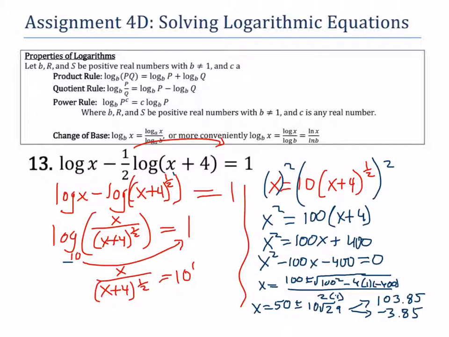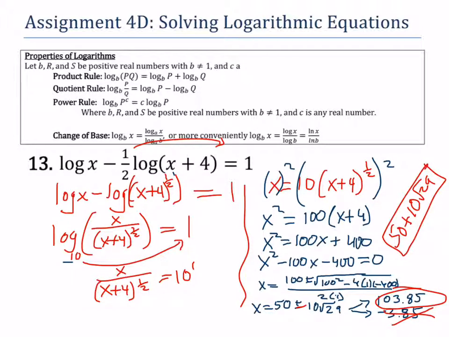So after checking, we've got to throw out the negative solution. I'm going to cross that out. The negative doesn't work. So we have one answer, and that is 50 plus 10 root 29 as our exact answer.